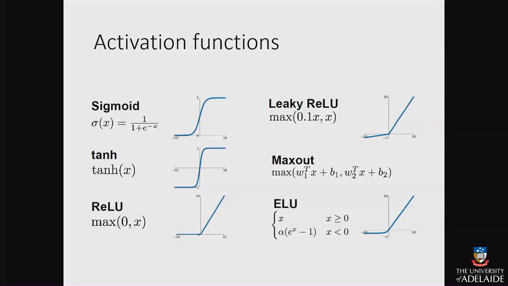Sometimes there's no good theory to prove which activation function is good for which kind of data set. But normally, ReLU and sigmoid functions are the most useful activation functions in convolutional neural networks, right?